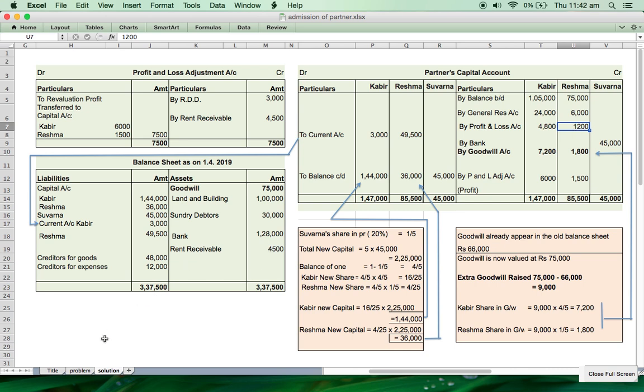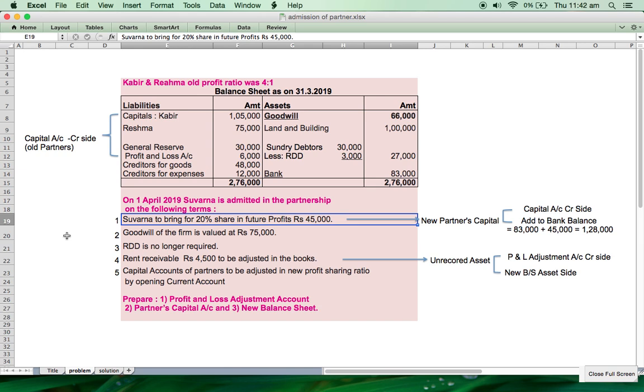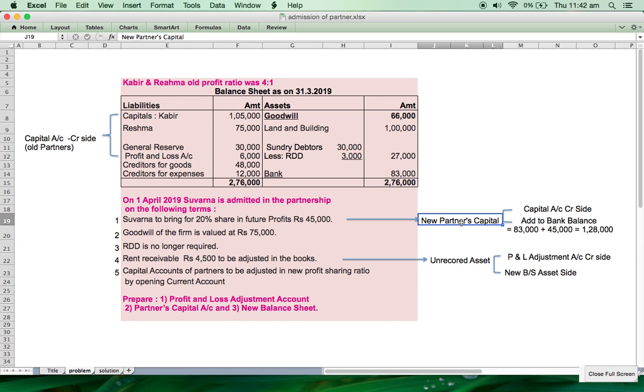After this, let's see the adjustment. First, Suvarna to bring for 20% share in future profit rupees 45,000. So this is new partner's capital. Two effects would be capital account credit side, and whatever amount she has brought into the business we need to add to the bank balance which is originally given in the old balance sheet.